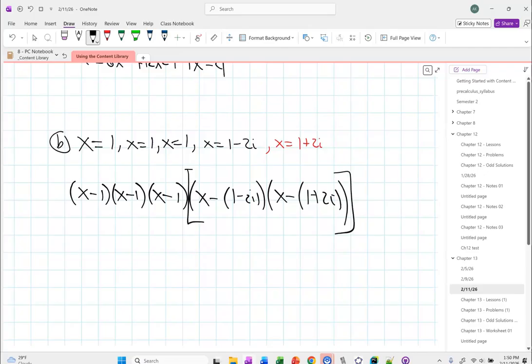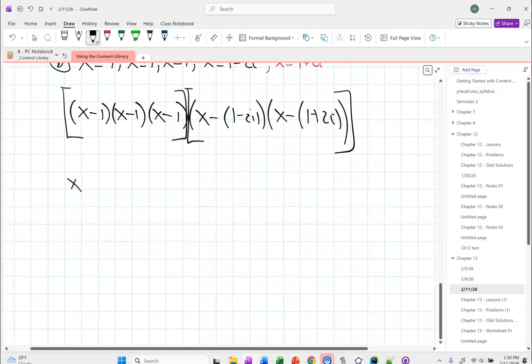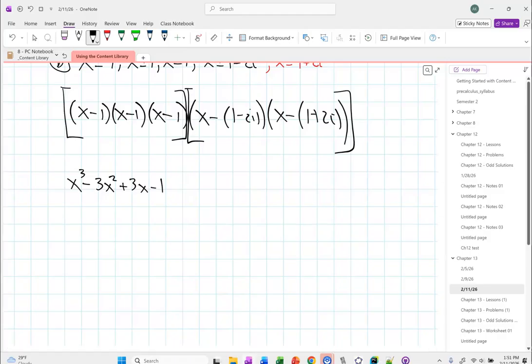Multiply these together first. And then when you're a math teacher, you can multiply stuff like that together in your head. You do it as 2 phases, right?